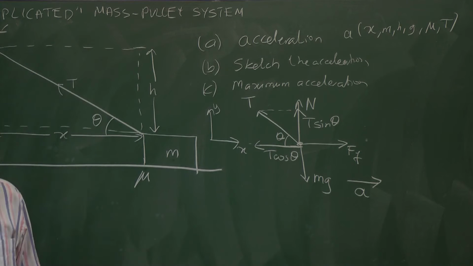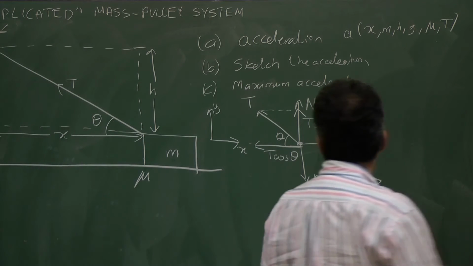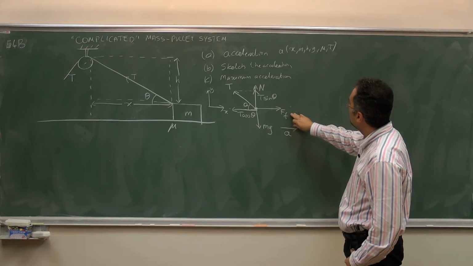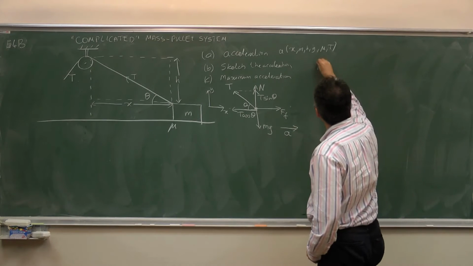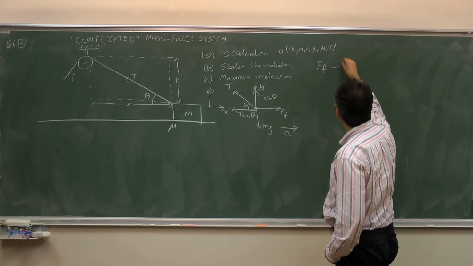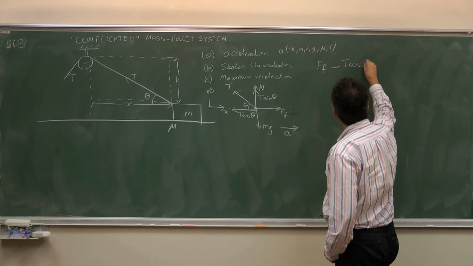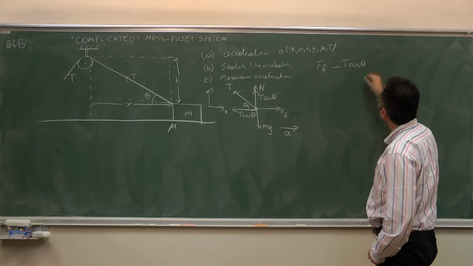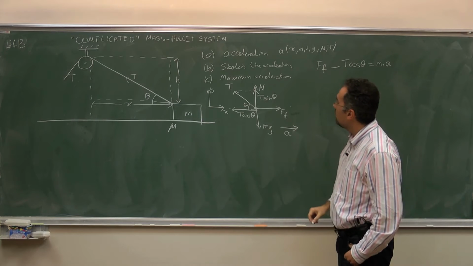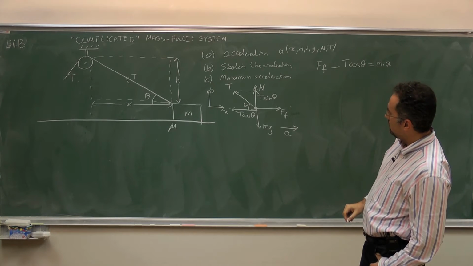Now I need my equations of motion. First one is in the x direction. I have the force of friction, positive, minus T cosine theta equals mass times the acceleration. And that's it, right?